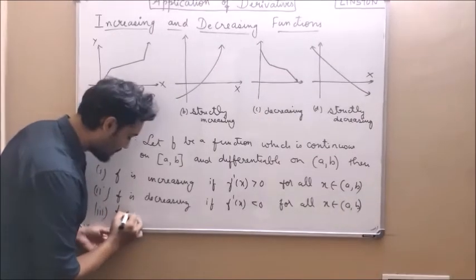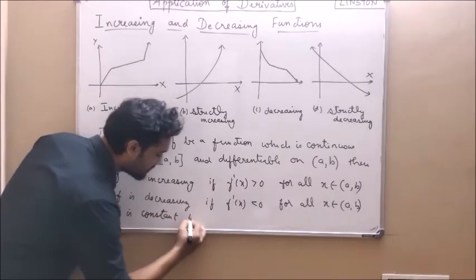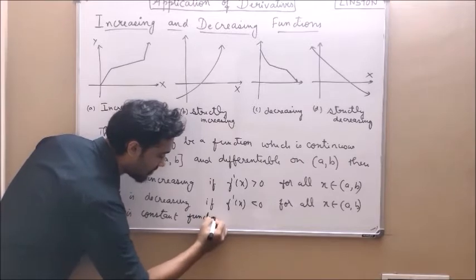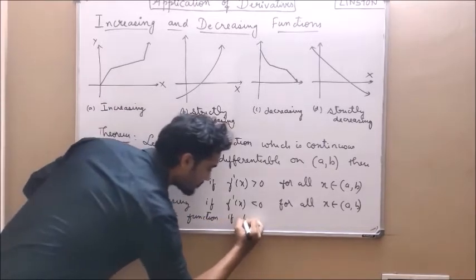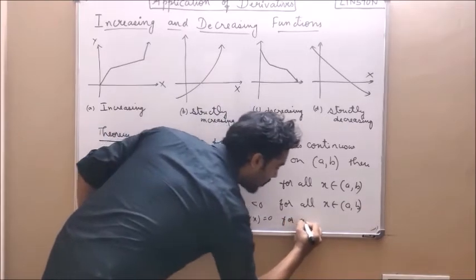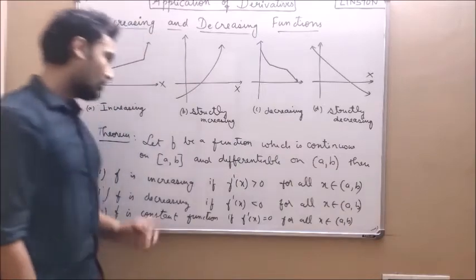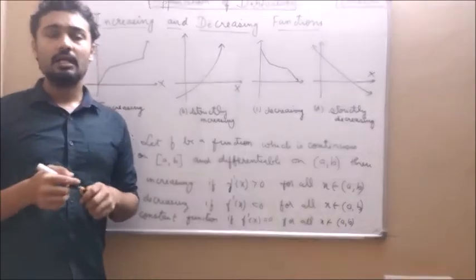Third, f is a constant function if f dash of x is equal to 0 for all x belongs to the open interval a comma b. So this is the theorem.